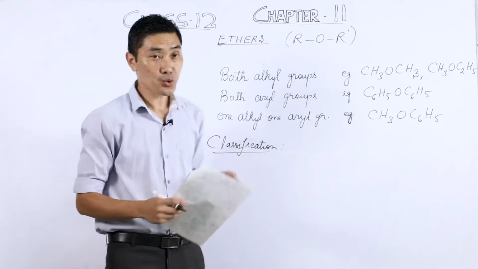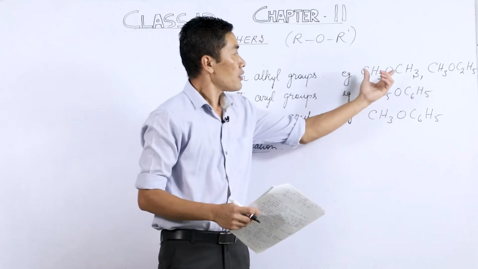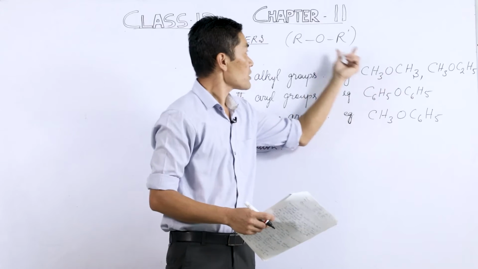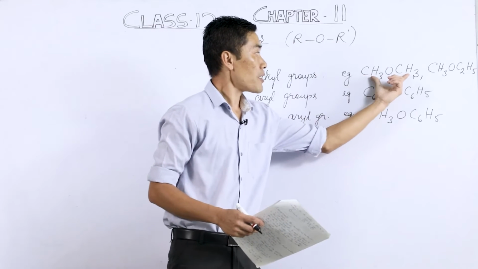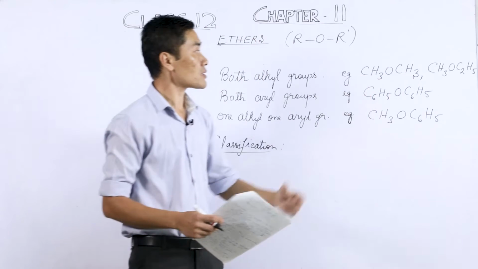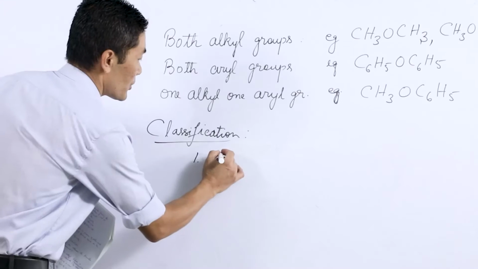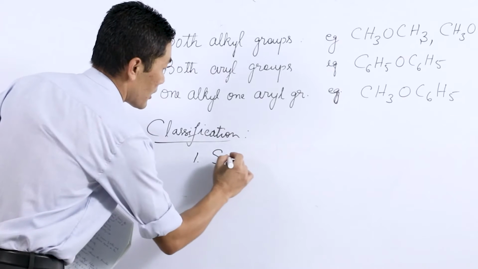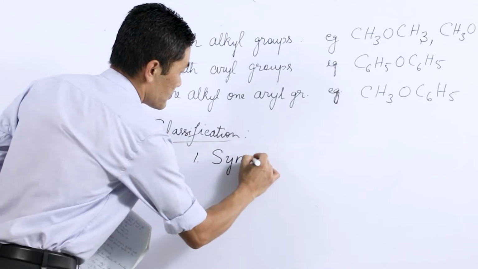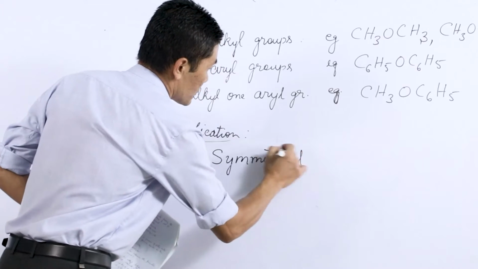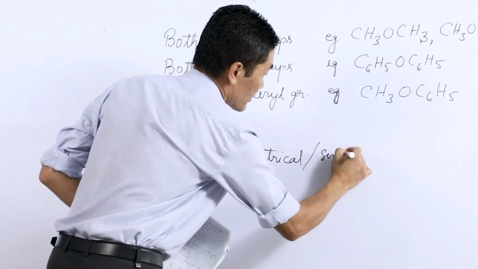Now, the classification of these ethers is also very simple. They are classified into two types. If both the R's are the same, then they are called symmetrical or simple ethers.